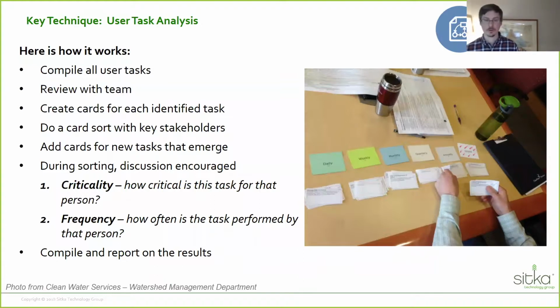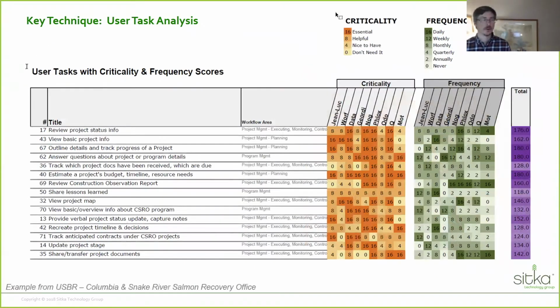We've seen some really wonderful conversations and shared understandings come out of this process. So it's fun to experience this with a group that's bought in to working on this. This photo here is from our work with Clean Water Services in their watershed management department. So the results of this allow you to start to compile the user tasks and score them on this criticality and frequency dimension.